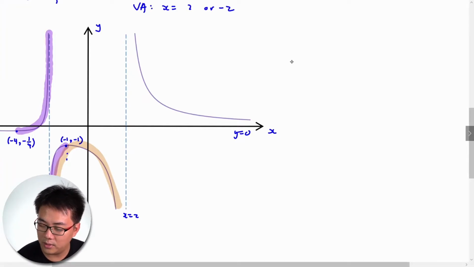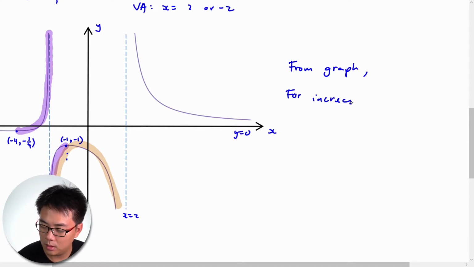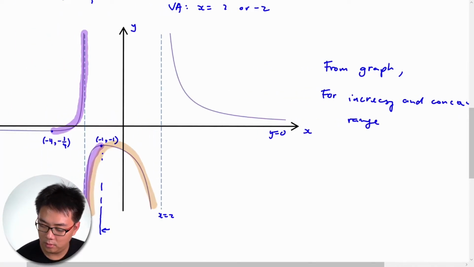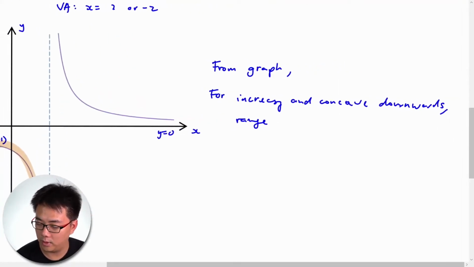So increasing from the graph, for increasing and concave downwards, the range is from -2 to -1.